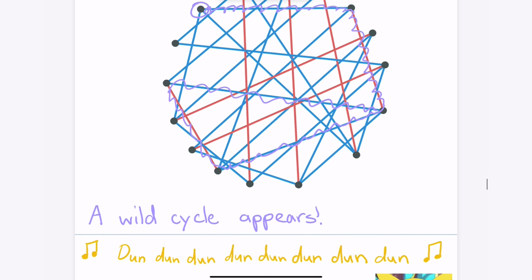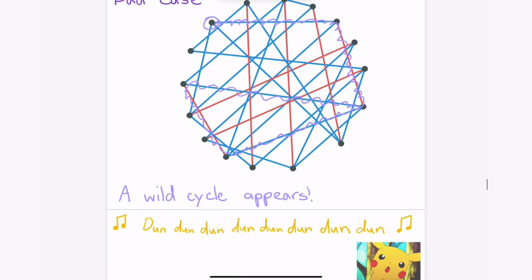I always think of the Pokemon song appearing, but you get this odd cycle where you went blue, red, blue. And maybe DFS would start going in the wrong direction, where now it starts taking red and goes backwards, right? And you might end up where you started and think, oh, I went from free vertex to free vertex, except it's the same vertex. So in a general matching, you can get these odd cycles: blue, red, blue, blue, red, blue, red, blue, things like this. And that's really throwing a wrench into our augmenting path strategy.